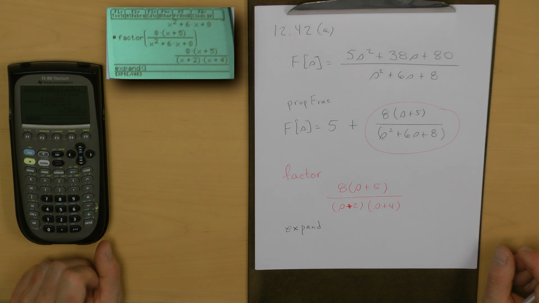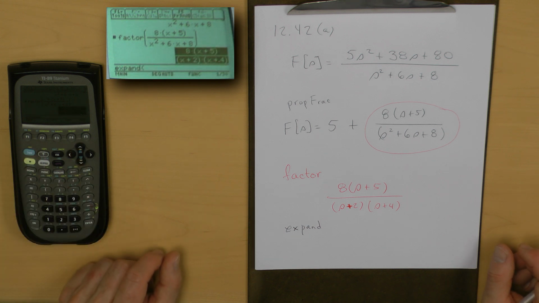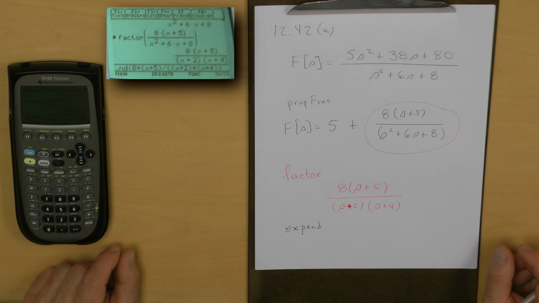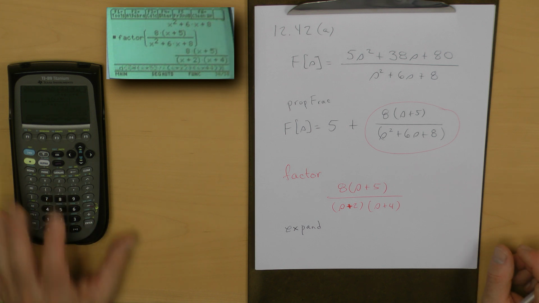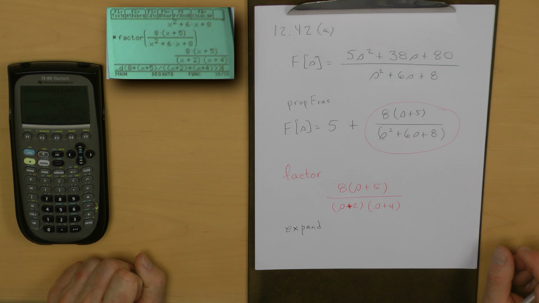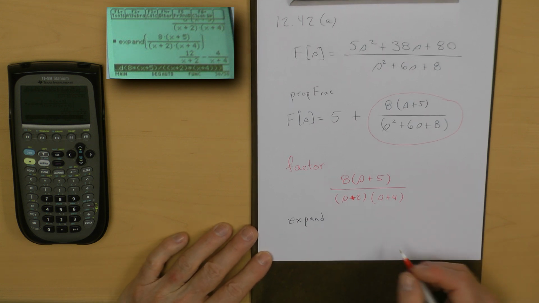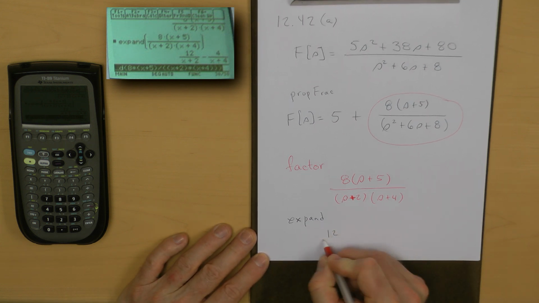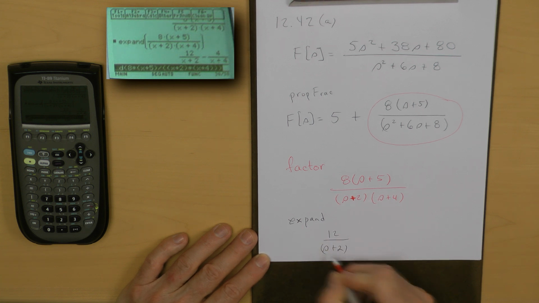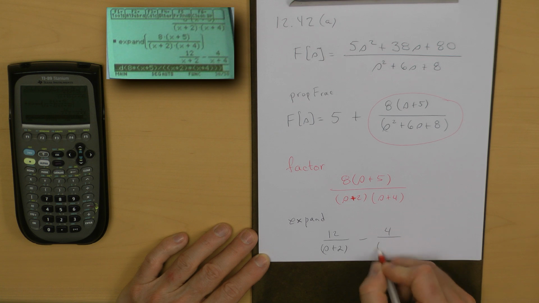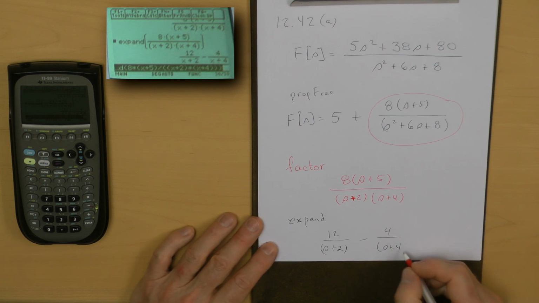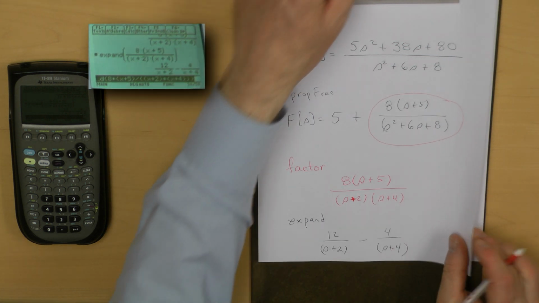That's now on the input line. I want to copy what I just computed, and so I do the up arrow to highlight that. I'll hit enter. It's now in the command line. I'll close the function expand with a right parenthesis, hit enter. I now have that piece of my expression, the partial fraction expansion, equal to 12 over s plus 2 minus 4 over s plus 4.